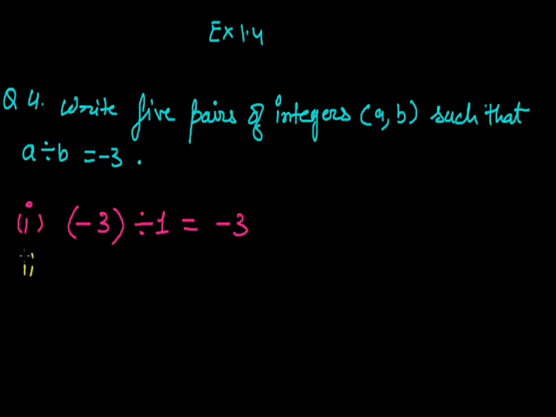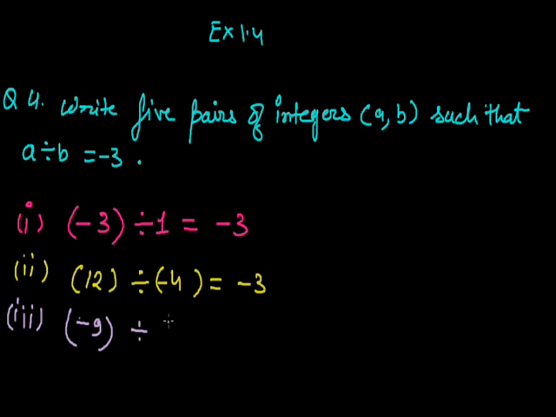Now, the second pair will be 12 divided by minus 4, which will give you again minus 3. 12 divided by 4 will give you 3, and due to the minus sign of 4 you will get a minus sign here. Third such pair could be minus 9 divided by 3. We know that 3 3s is 9.